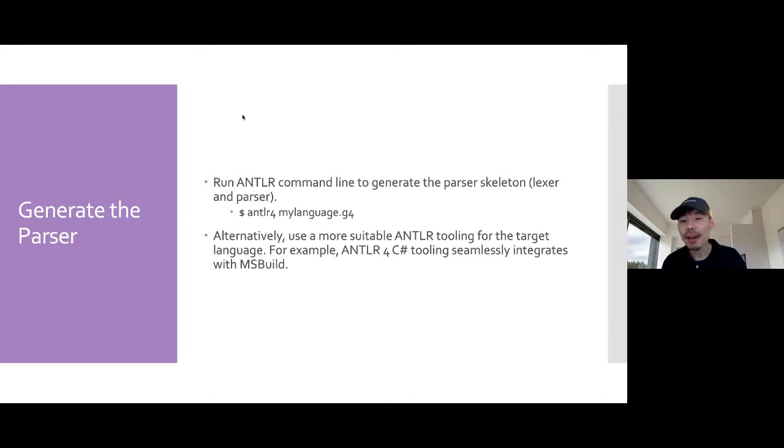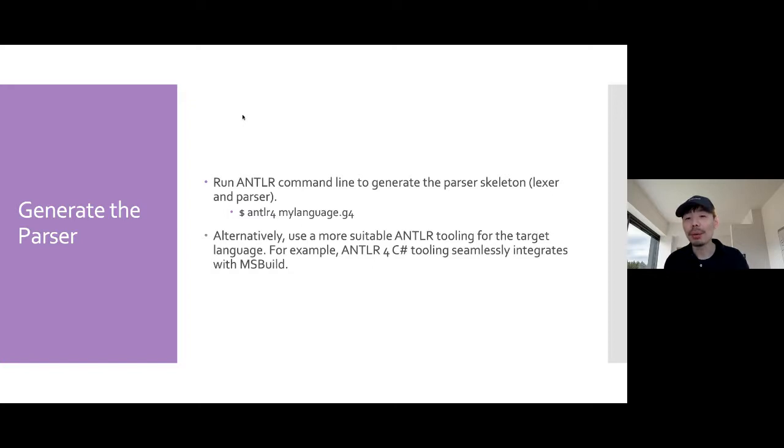And once we have a grammar file prepared or downloaded from the internet, we can easily generate the parser code using the ANTLR command line tool. Just a simple command, antlr4 plus the grammar file, and it will automatically generate the code that you need for your language server.